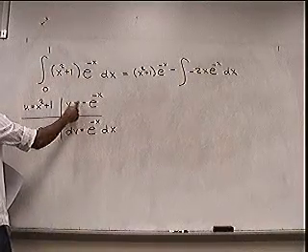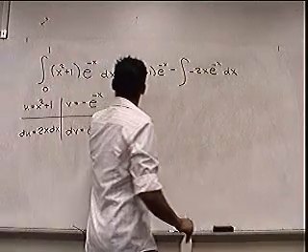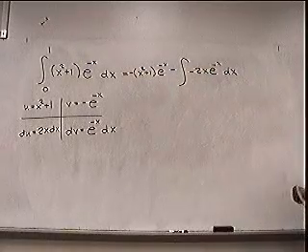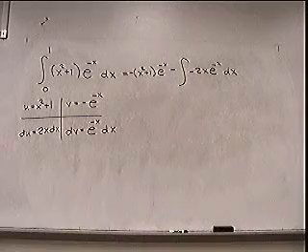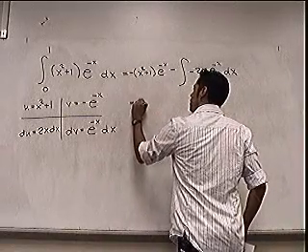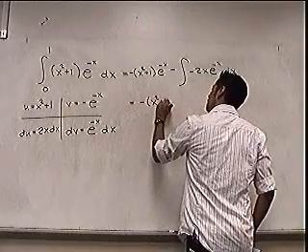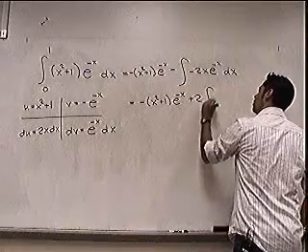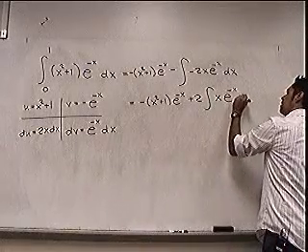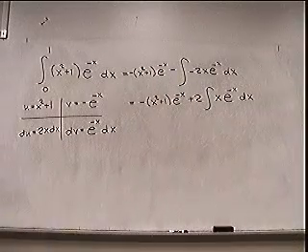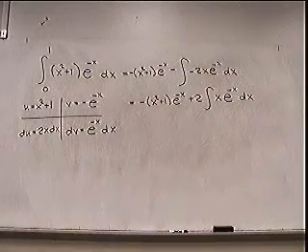This negative times this, so this should be negative right in here. I'll put it right out front. So negative x squared plus 1 e to the negative x plus 2 integral x e to the negative x dx. So I just pulled that negative 2 out of the integral. Any thoughts now?